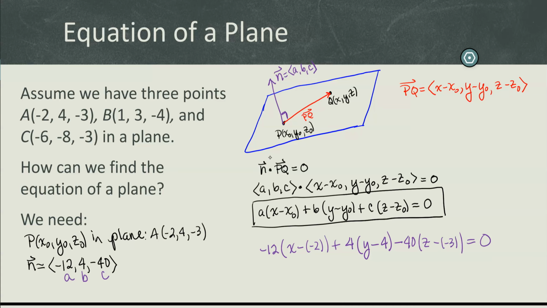Now, you could go ahead and use the distributive property and write this in a more succinct form, but leaving it in this form as -12 times x plus 2, plus 4 times y minus 4, minus 40 times z plus 3 is perfectly fine. I hope you find this helpful.